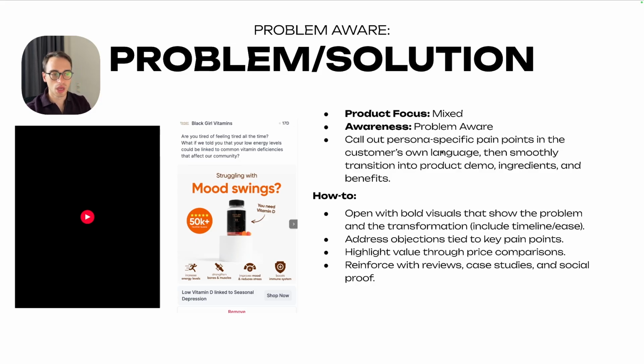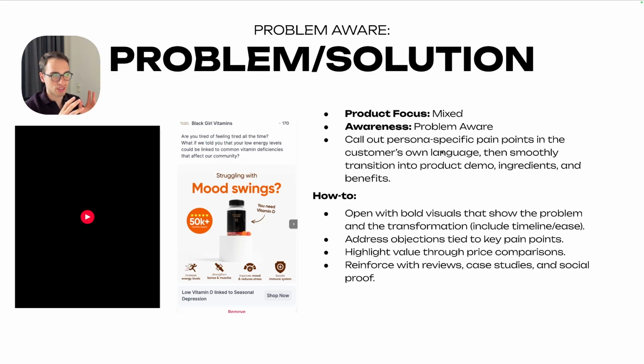So open very boldly with a very strong visual, auditory, or whatever hook that really solves the problem. It solves really also the timeline, the struggle, then address objections, highlight the value, influence reviews.